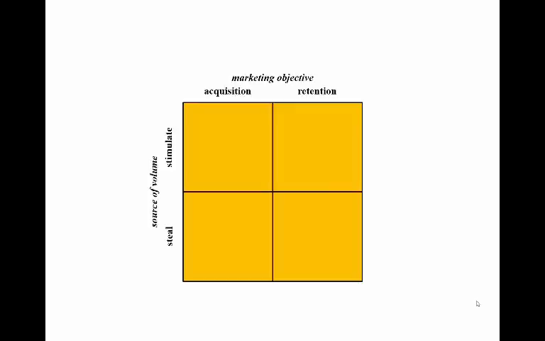In terms of where our volume is coming from, we're either stealing demand or stimulating demand. And when we combine those, we have, again, four possible options to pursue with our organization. We're going to go through each of those once I explain to you how to choose which focus you're going to have with each of those variables.